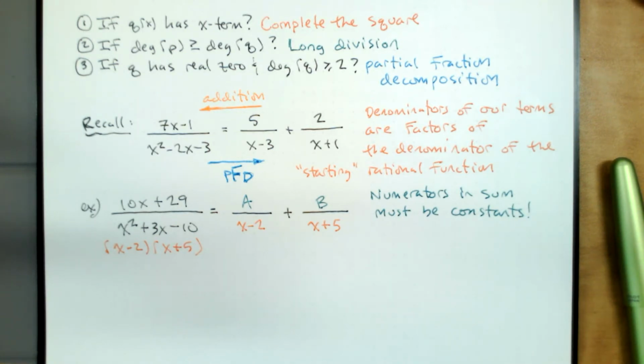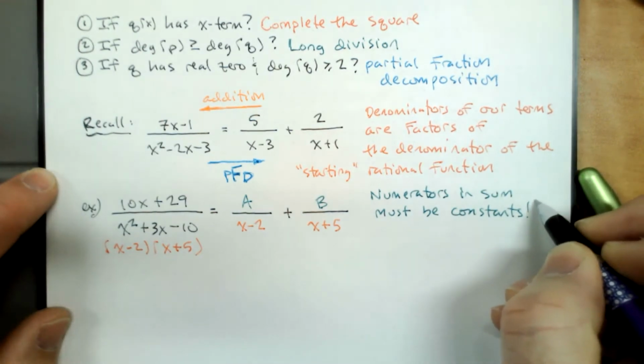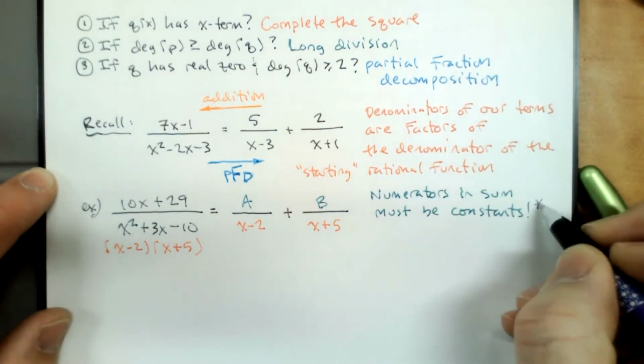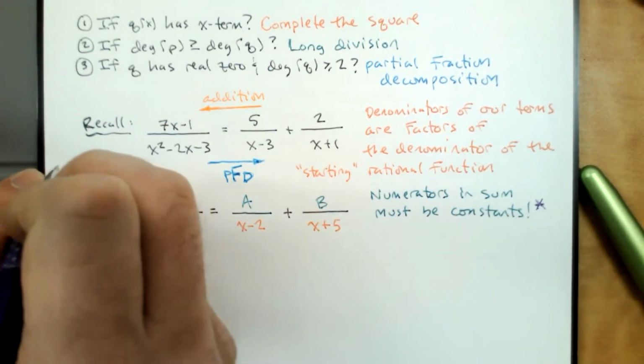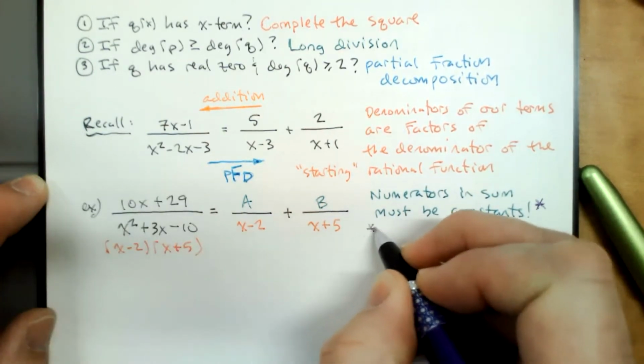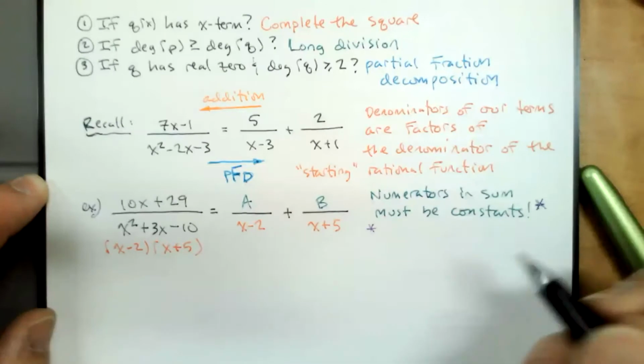That only applies in the case of the degree of P being strictly less than the degree of Q. I just put it right here. I was going to put it up here for some reason.